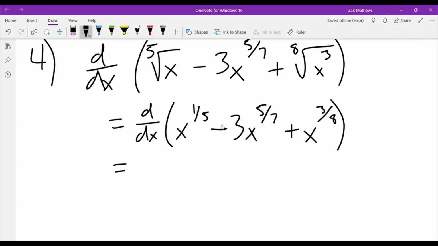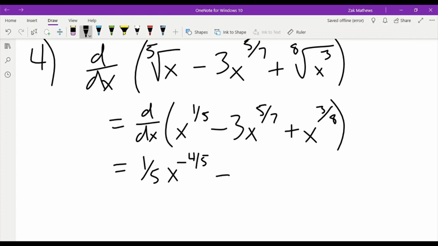Now I'm actually going to find the derivative. So I'm going to drop this d dx. I'm going to multiply the 1/5 to the front. The x is now to the negative 4/5. So we can have negative powers, that's fine. We took 1/5 and we subtracted 1, 1 being 5/5. We got negative 4/5.